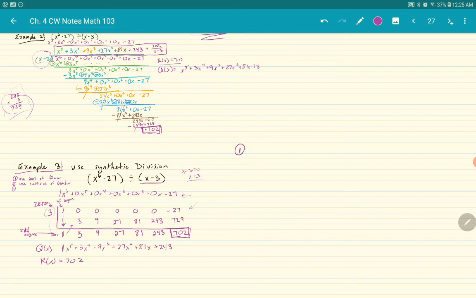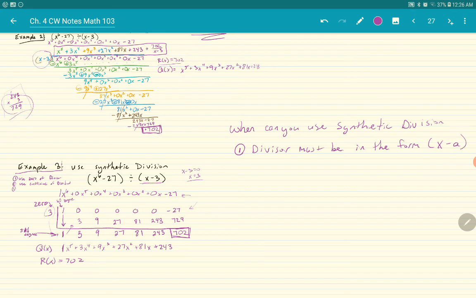Another thing is, for synthetic division, you're restricted. You can't always use it. Sometimes you have to use long division because synthetic division just won't work. And that is because it's so abbreviated. So 1, the divisor must be in the form x minus a constant.